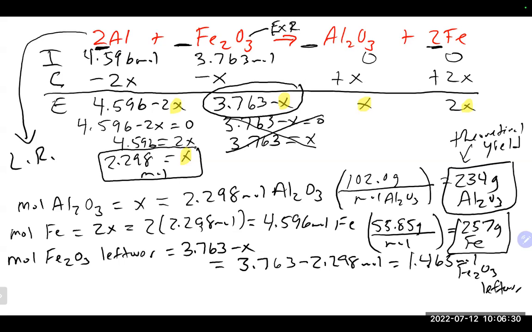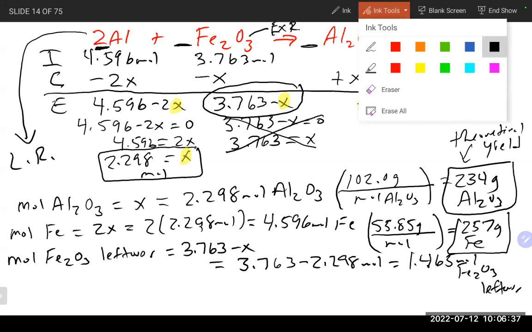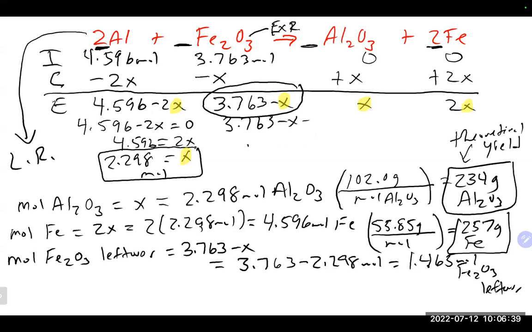I'll go up on top since it's a little bit hard to see up here. So we'll go over here. Get rid of some of that there. There we go.